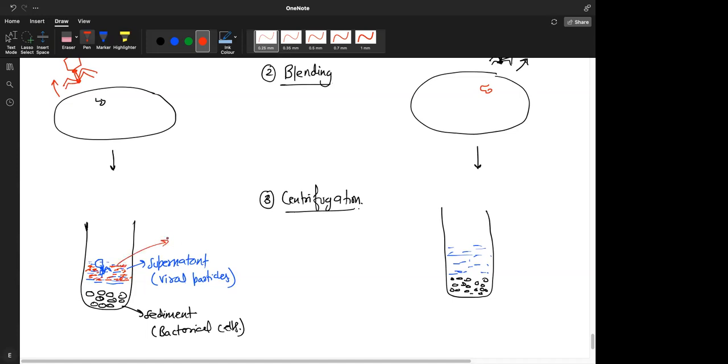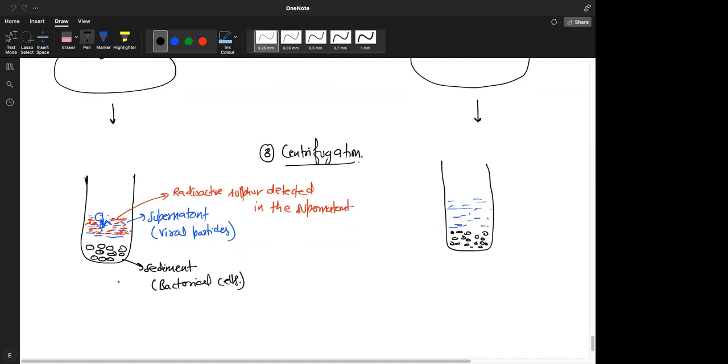So the radioactive sulfur was detected in the supernatant, and no radioactivity was detected in the bacterial cells.